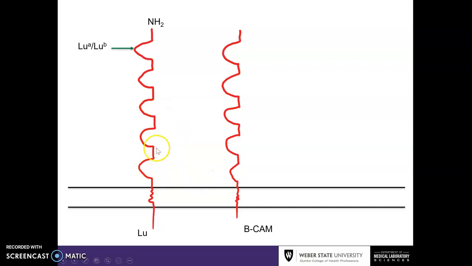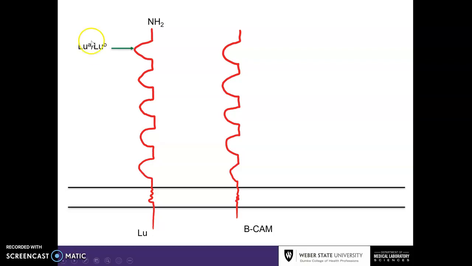These first three spots are constant regions, and these last two are variable, and that's the same on both. It's not so much important that we know which ones are the constant and which are the variable for this lecture, though I would like to point out that the Lutheran A and Lutheran B antigens will bind onto that last variable portion of the Lutheran antigen.